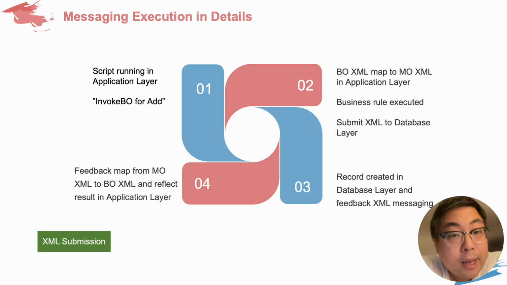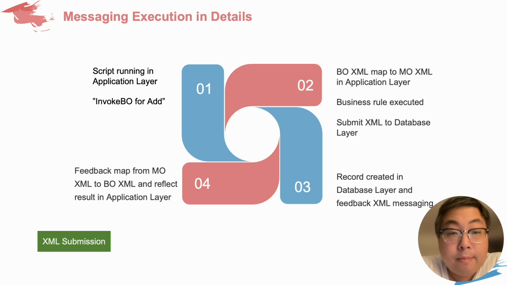And once it's mapped, at the same time, the business rule is executed in a certain order, which we will talk about later. And then it submits the XML of the maintenance object based on the collection of tables and fields to the database.